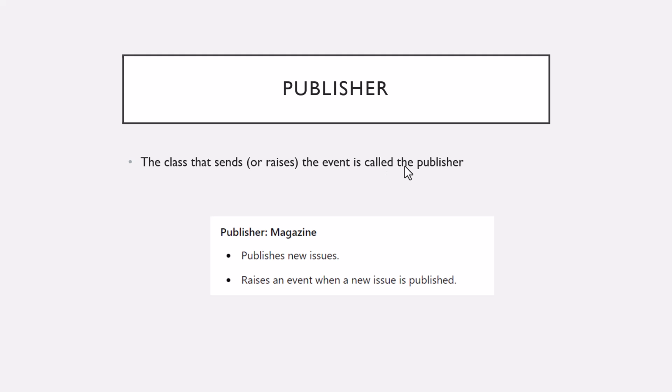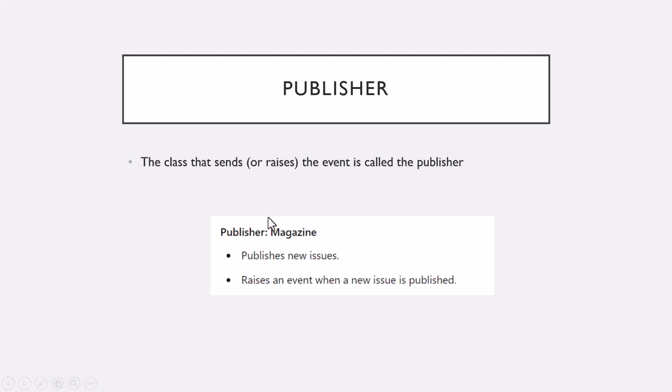If we talk about a magazine example, there is a magazine class and the publisher publishes the magazine. Publisher publishes a new issue in our society, and raises an event when a new issue is actually published.